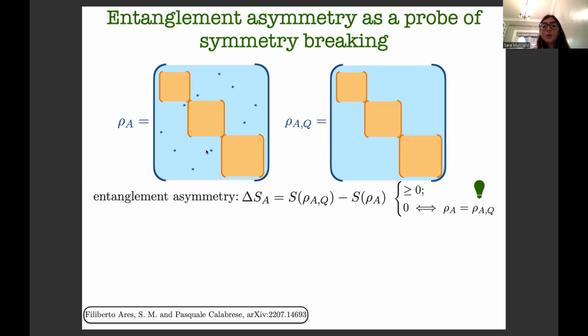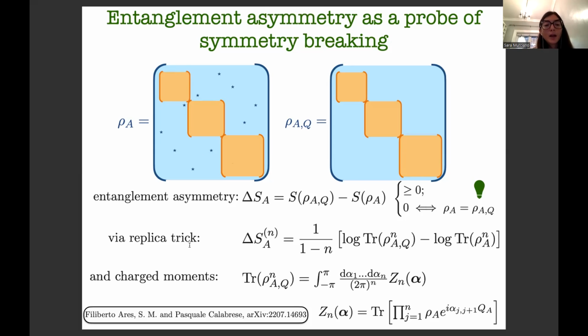How do we compute this object? We can still define a replica trick for it, for any integer value of n. And once again, by plugging in the Fourier representation of the projection operator, we can connect the trace of rho_A,Q to the n-th power to the charge moments.